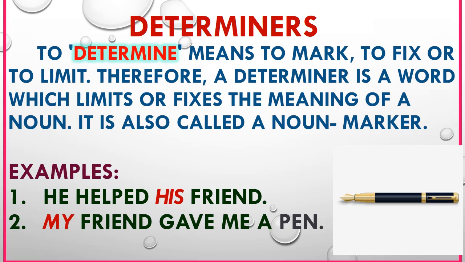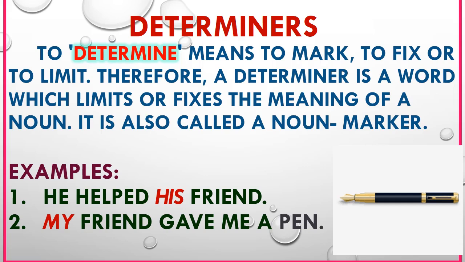So, to determine means to mark, to fix, or to limit. Therefore, a determiner is a word which limits or fixes the meaning of a noun. It is also called a noun marker.